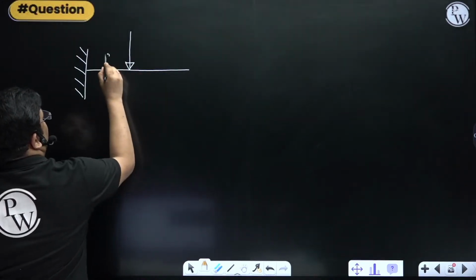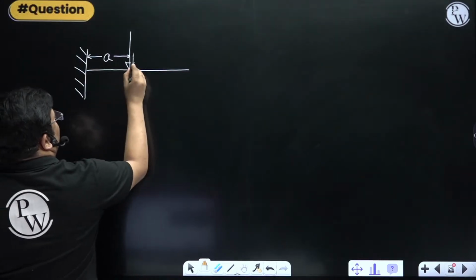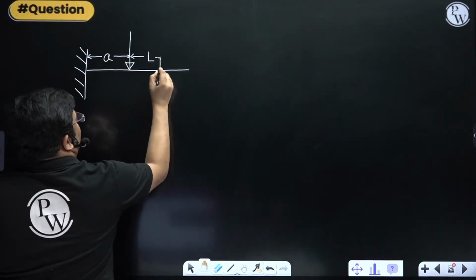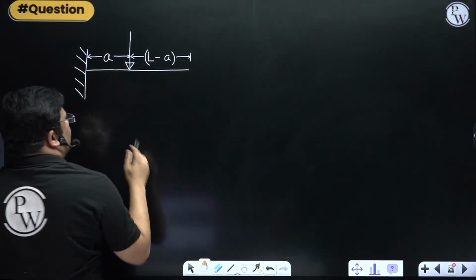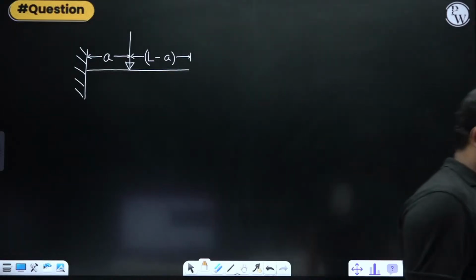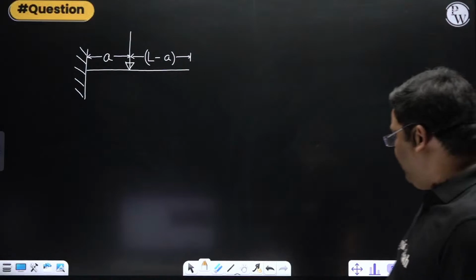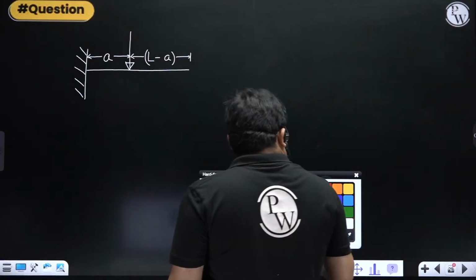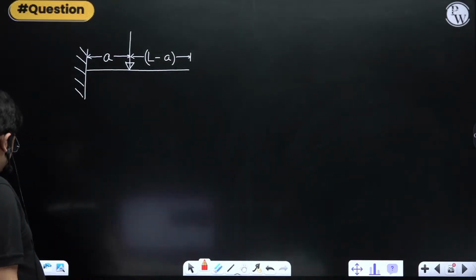Suppose this is A. Then this will be L minus A, right? You can solve this using the moment area method also, other methods also. There are many methods. I am trying to do simple things. There are many things, but we are trying to cover all the most important things here.